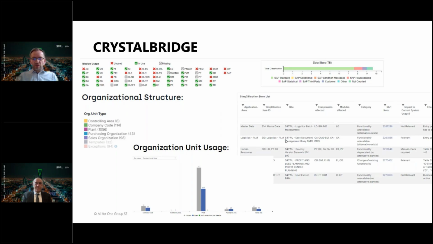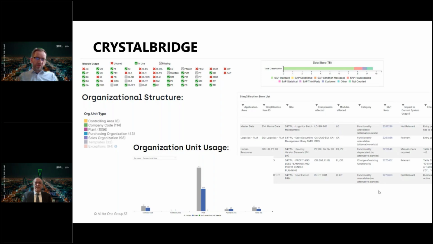And which is most important is that inside of those reports, after the system scan, we have a direct access to the simplification item list, which are divided by the components and modules, and we have a direct link also to the SAP note, where we can check exactly what is the activity required.